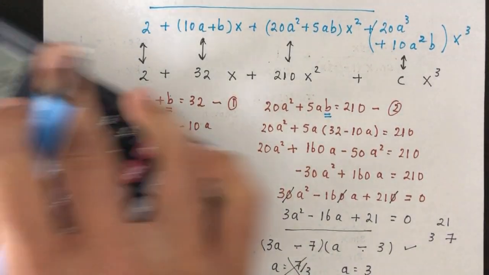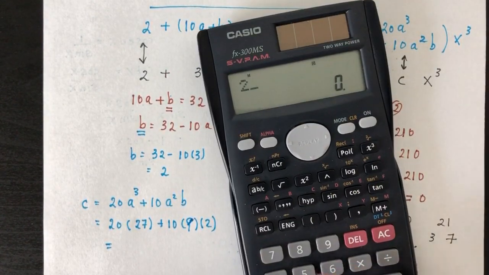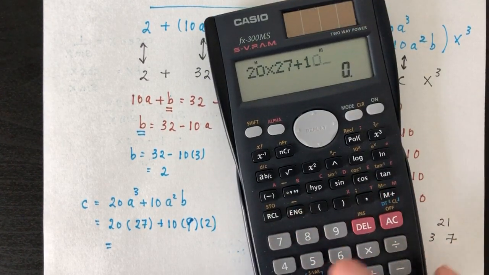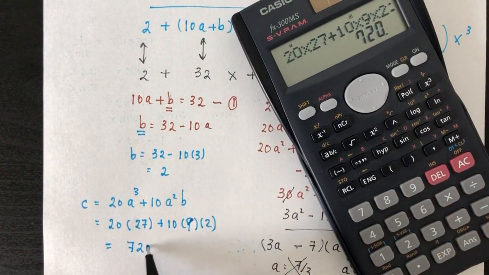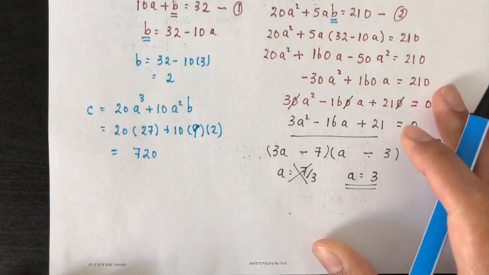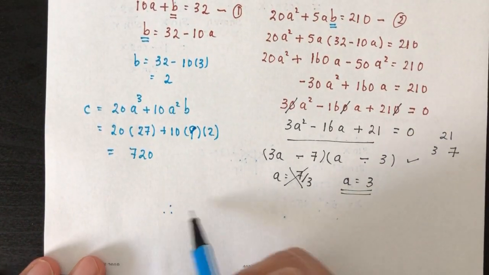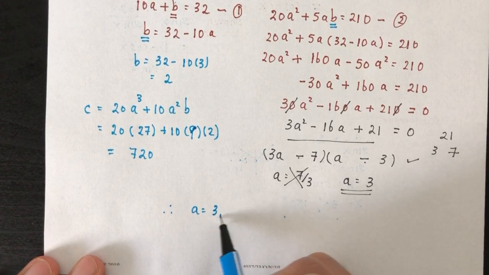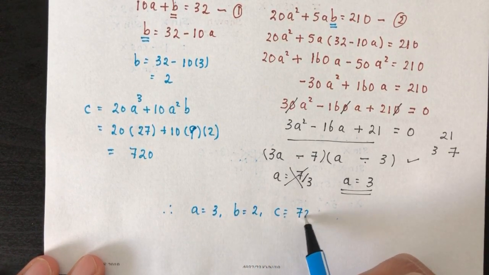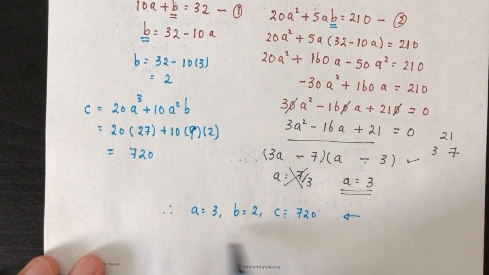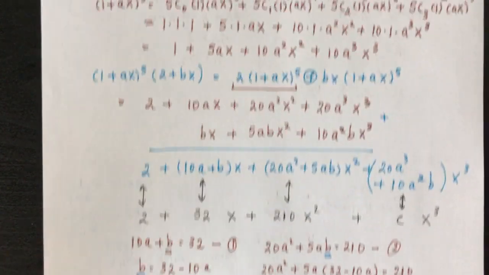Let's see what you get. 20 times 27 plus 10 times 9 times 2, that should be 720. So finally you have values of a, b, and c. So a is equal to 3, b is equal to 2, and c is equal to 720. And that is your answer for question number 3.